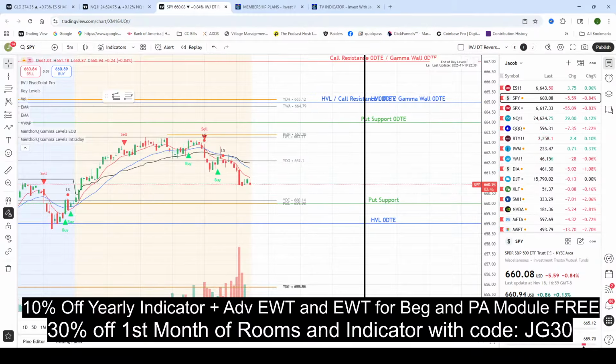Okay, we got 3 minutes. I'm going to get this buy set up. As of right now, I'm guessing it'll be a little lower, but maybe not. 661 is the strike price that I'm sitting on looking for the buy.